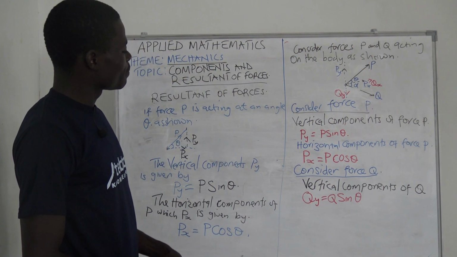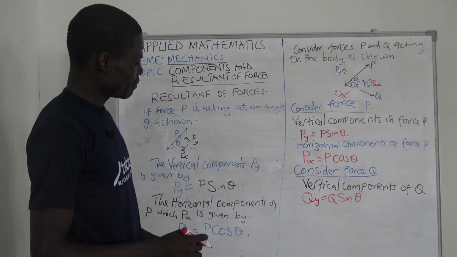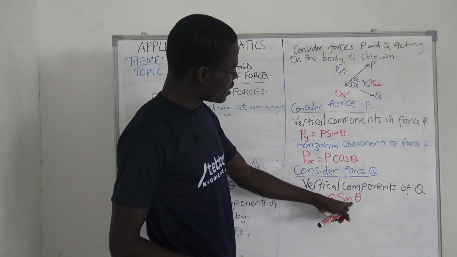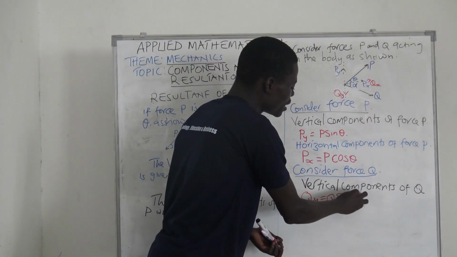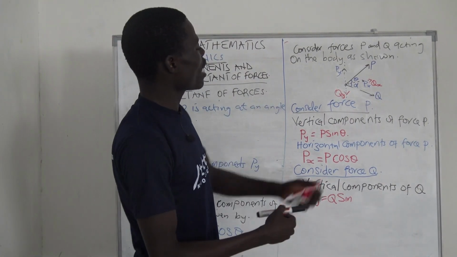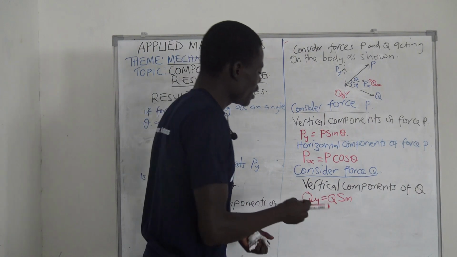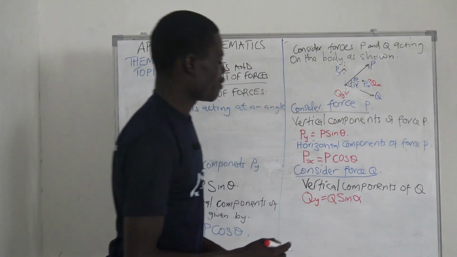Those are the two forces which we are looking at. It is given by Q times the sine of the angle. But for this case, the angle is not star, it is angle alpha. So it will be Q sine alpha.